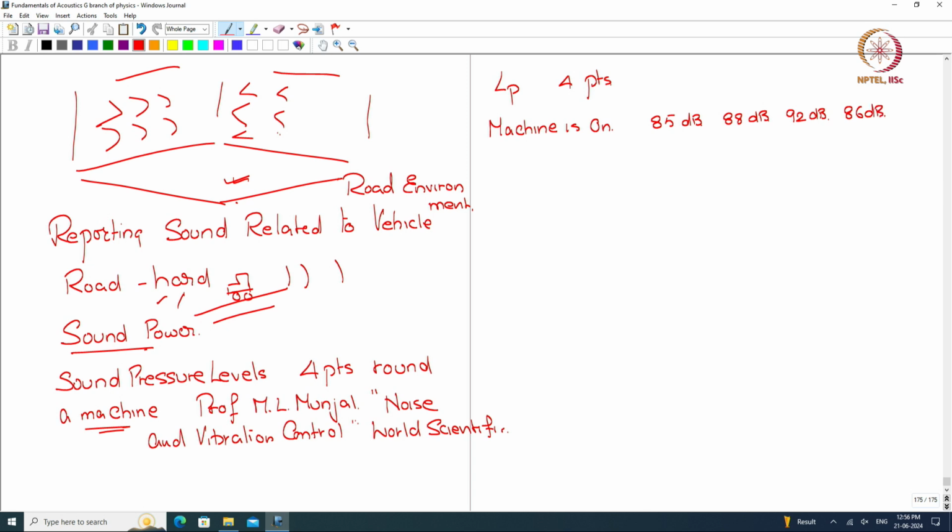Now the ambient level when the machine is off is uniformly 83 dB. So what is the average sound pressure level due to machine alone?